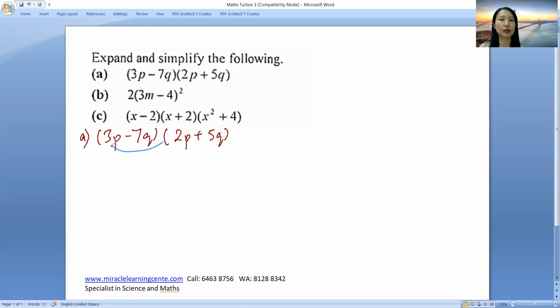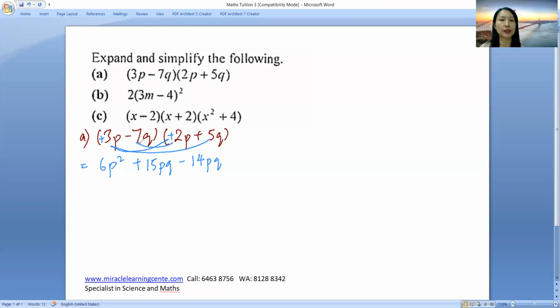So 3 times 2p, 3 times 2 is 6, so it's 6p squared. Then 3p times 5q, both are plus times plus, so we'll have 15pq. 7 times 2 is 14pq. Negative times positive, so this is negative.